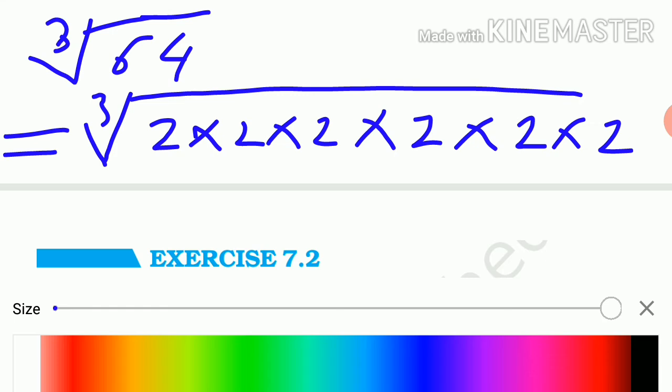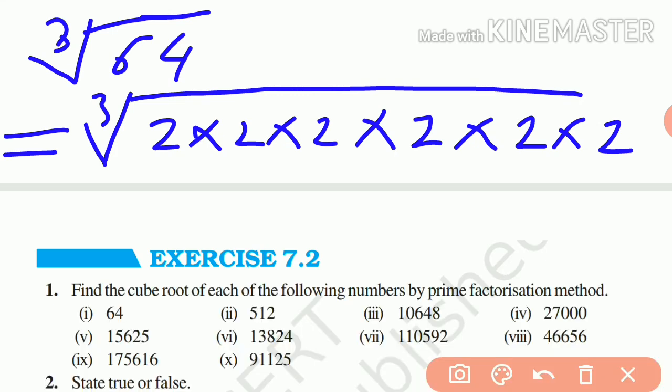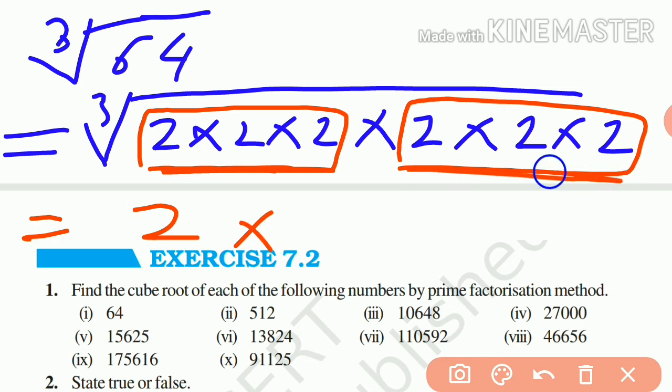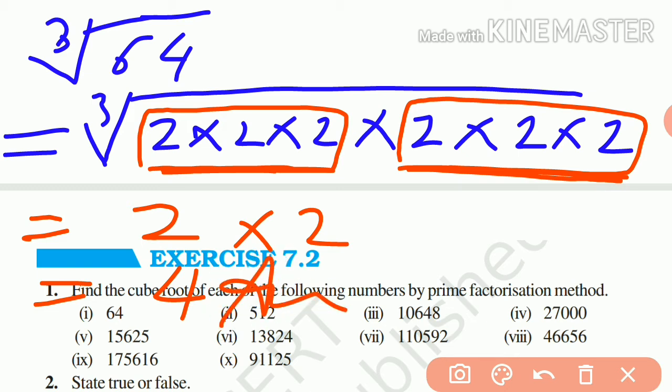We will take the triplets. Here is a triplet of 2, and next this is also a triplet of 2. So we take one 2 from each triplet, and the result is 2 times 2 is 4. This is the required answer, the cube root of 64.